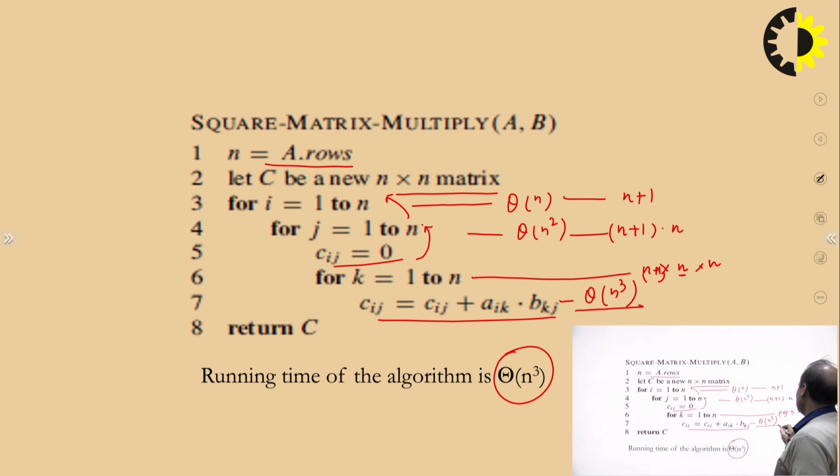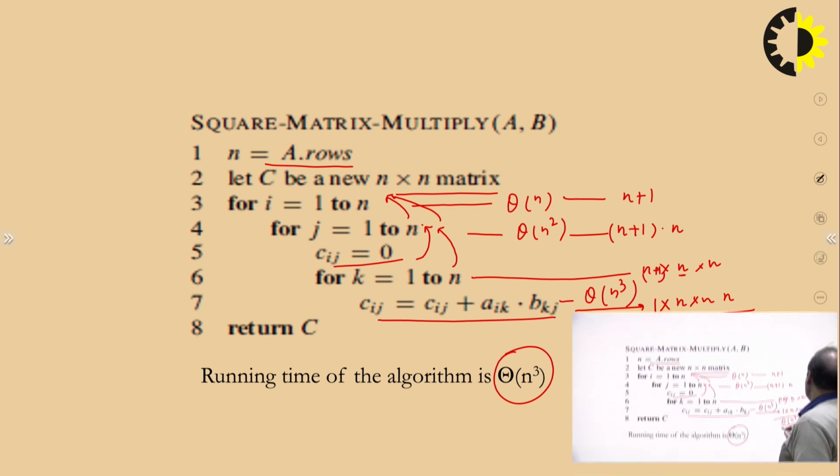Same thing here, it is the body of this, its time is 1, and this is the body of this loop, so its running time is n, and again this is the body of this loop, its running time is n. Overall, if you sum it together, you will still get theta n cube.